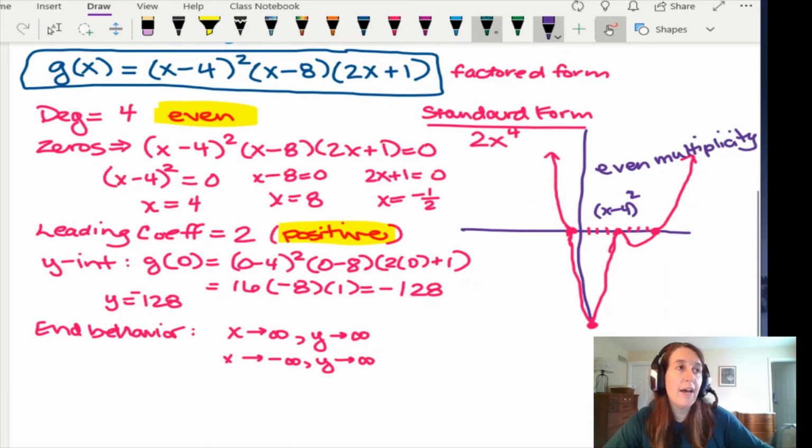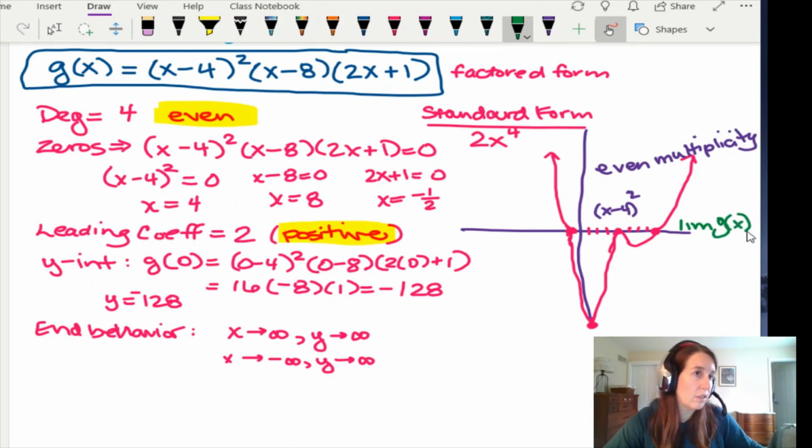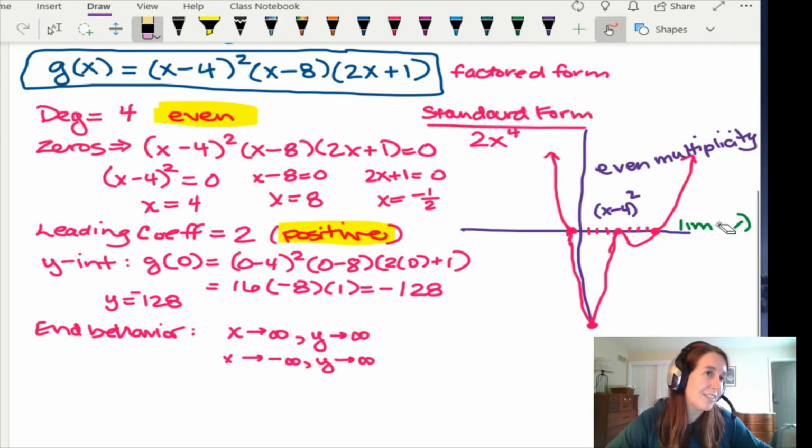Okay, now to finish this problem out, let's use limit notation to describe the ends of the graph. So over here, we have the limit of g of x. Oops, I'm not going to have room to write the answer. Let's see if I can scoot this over a little farther. Okay, let's do it up here.